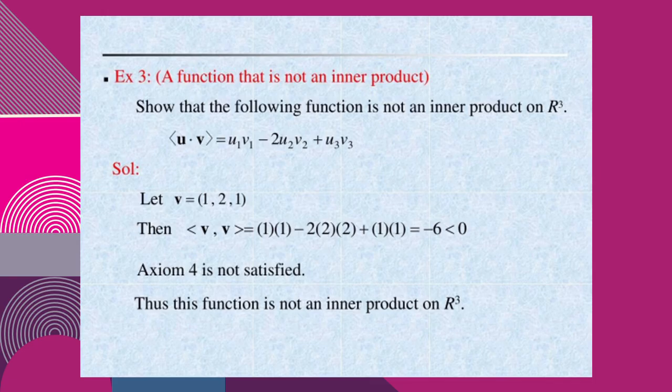To check if this is a valid inner product, we try a specific vector, v equals (1, 2, 1), computing v dot v. 1 times 1 minus 2 times 2 times 2 plus 1 times 1 gives us 1 minus 8 plus 1, which is equal to negative 6. And negative 6 is less than 0. This breaks rule number 4, which requires the inner product of a vector with itself to never be negative. Because this rule fails, we conclude that this function is not a valid inner product in R3.